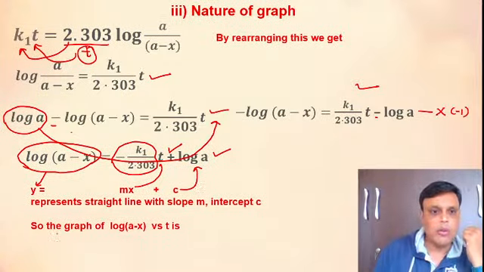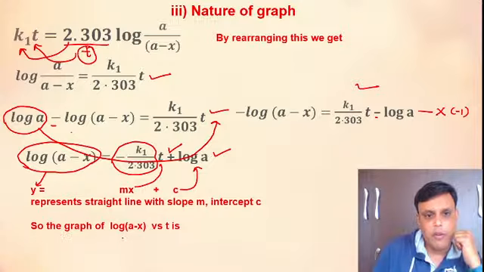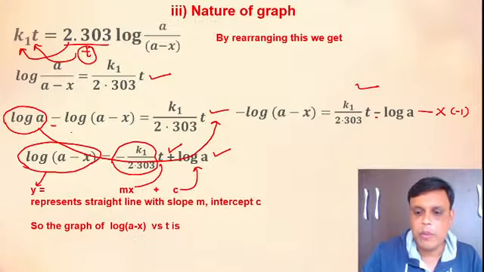ठीक है. So if we plot the graph of log a minus x versus t, क्या नेचर आ जाएगा? I will show you. If we plot the graph of log a minus x versus t, your graph will be like this.